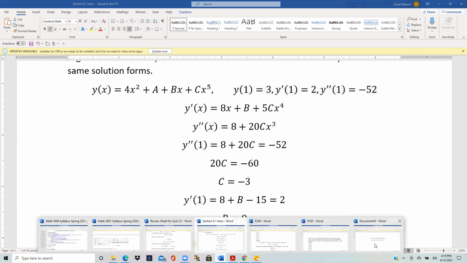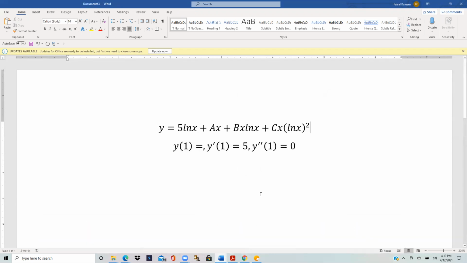So in this particular problem, actually, this original equation is the easiest one to solve, because at first sight it looks like the presence of these ln's is going to complicate the calculation of the constants, but actually it's going to help, because all the conditions are at x equals 1, so y of 1, y prime of 1, and y double prime of 1, and ln of 1 is 0.